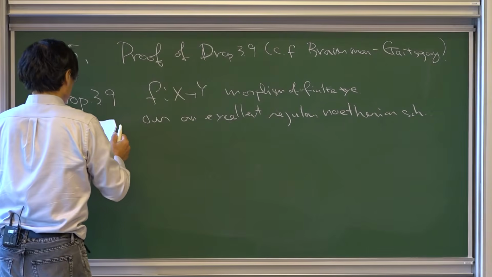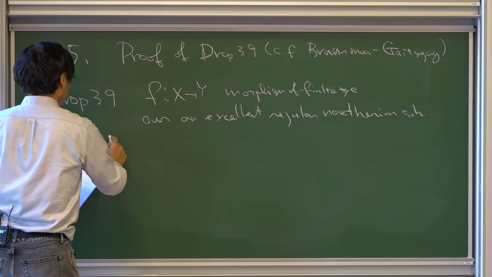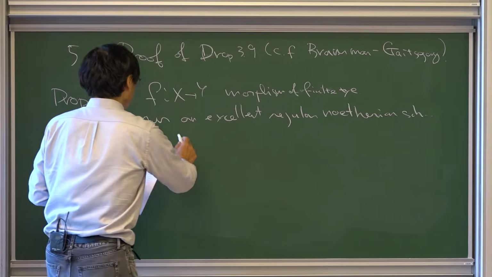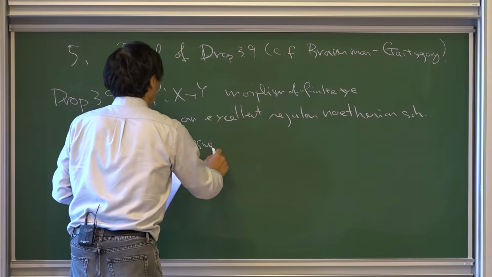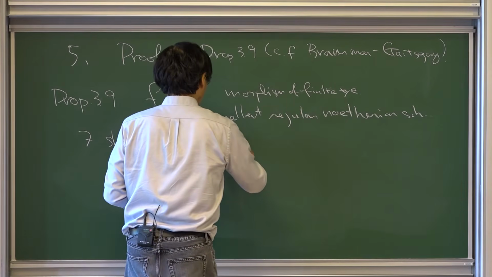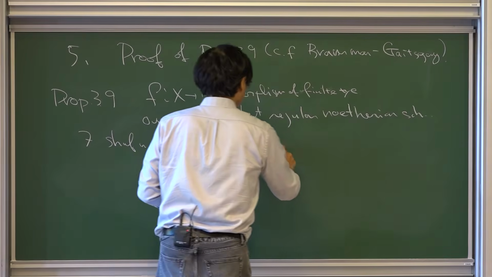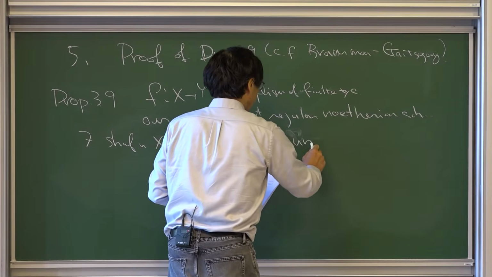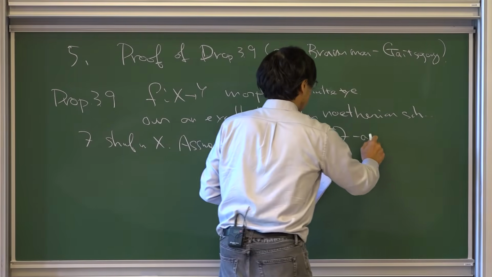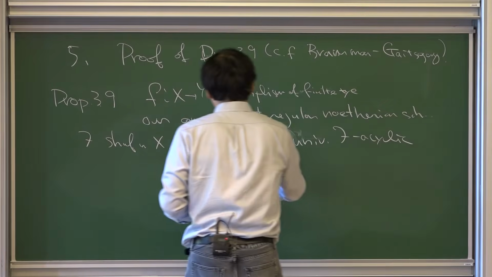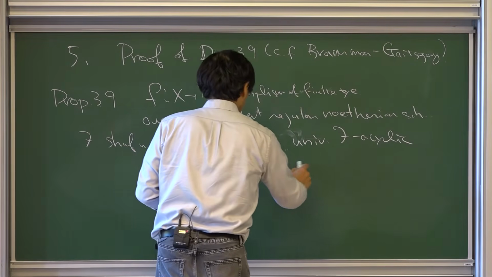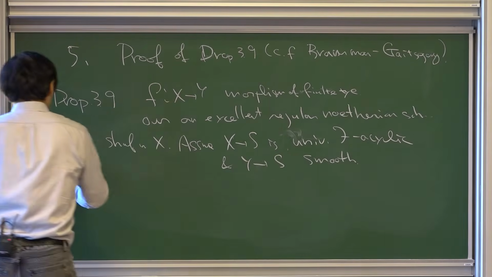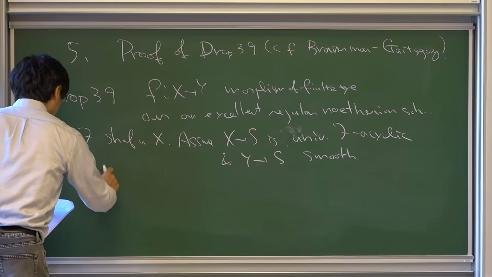And F is a sheaf on X, and assume X to S is universally F-acyclic, and Y is smooth. Then the following are equivalent.